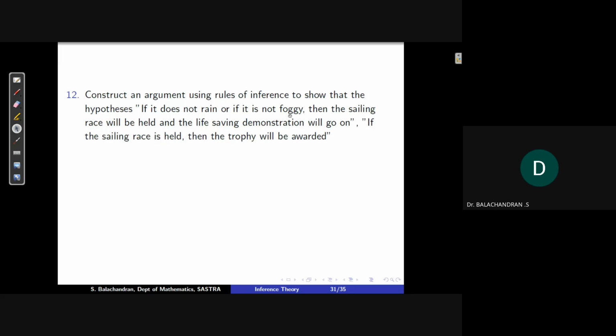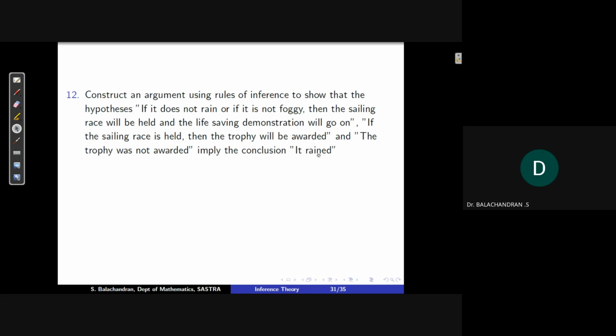This is one sentence, one premise. Next, if the sailing race is held, then the trophy will be awarded. This is the second premise. And the third one, that the trophy was not awarded. This is the third premise. These imply the conclusion: it rained.